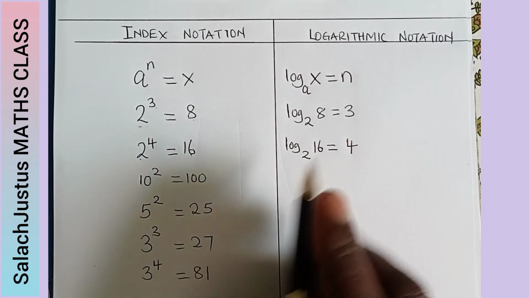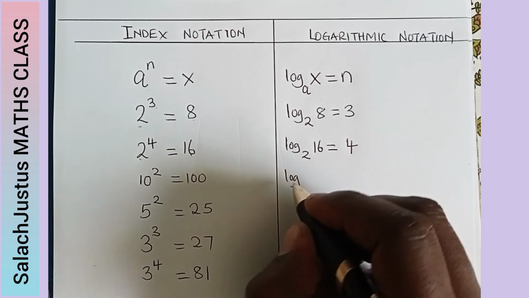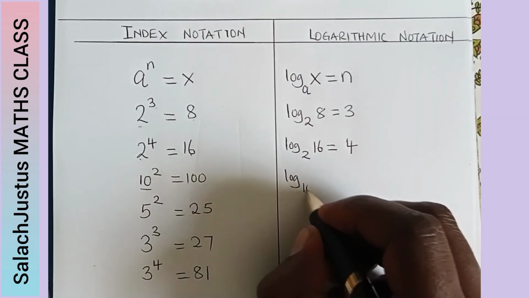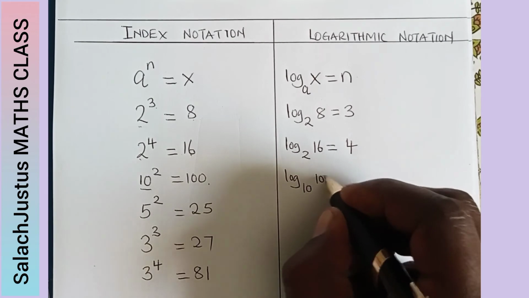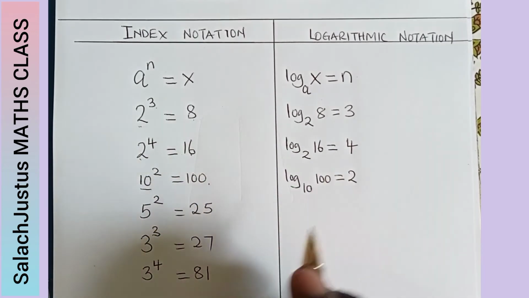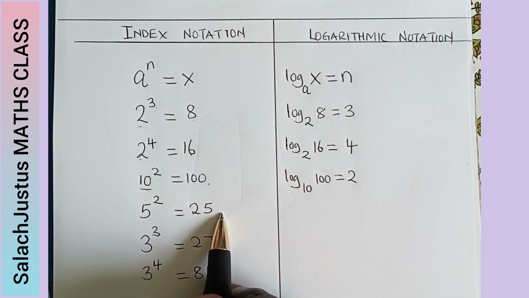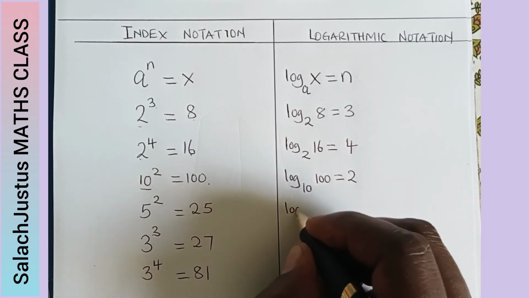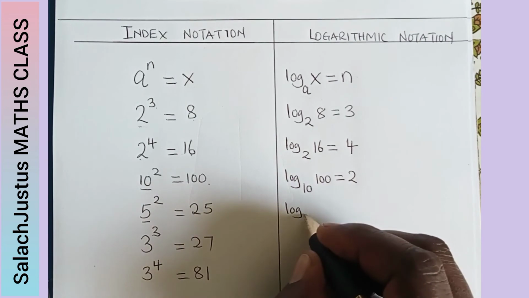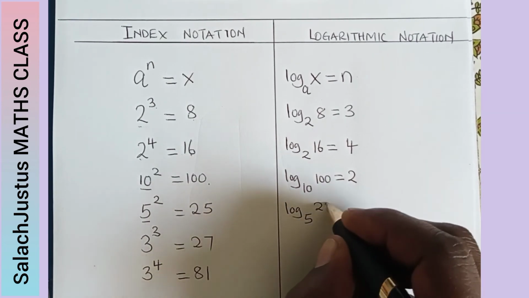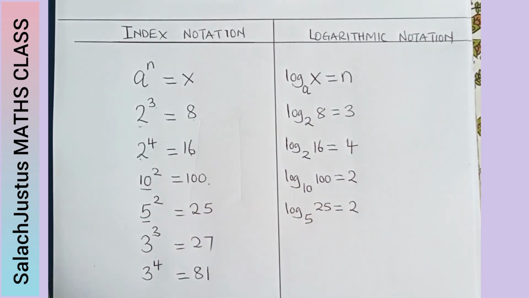Try this one. Logarithm to base 10 of 100 is what? 2. So log to base 10 of 100 is 2. This example here, logarithm to base what? 5. Of which number? 25 is how many? 2.